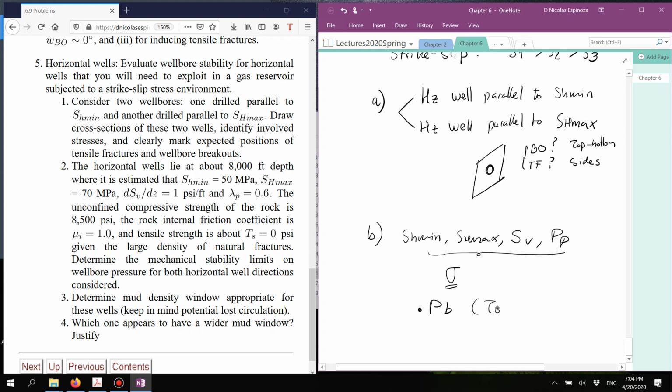Notice that your tensile strength is equal to 0. So that means that your rock cannot bear any tensile stress at all. And for the breakouts, you have to assume a breakout angle. Let me see if there is anything here that tells you what the breakout angle should be.